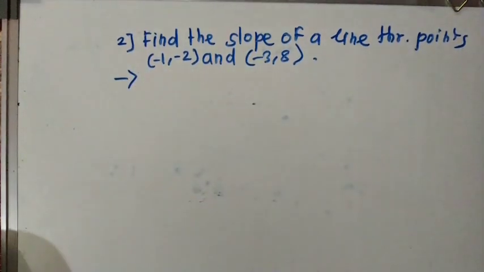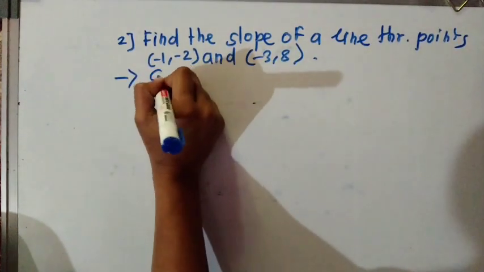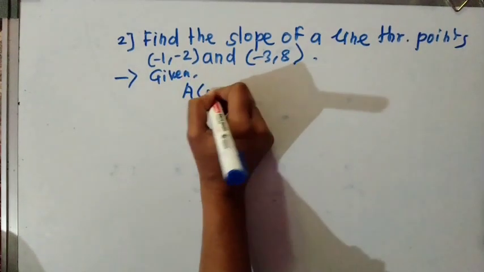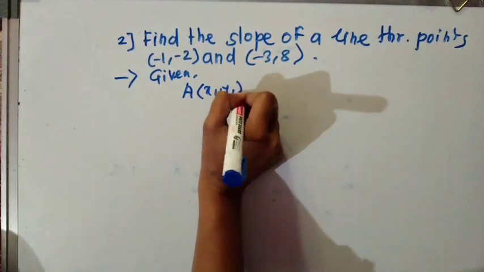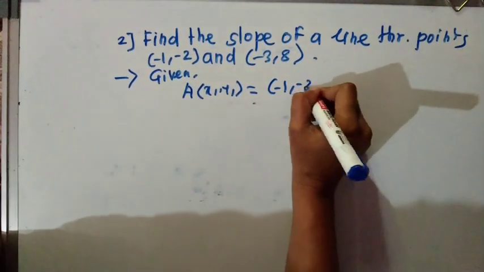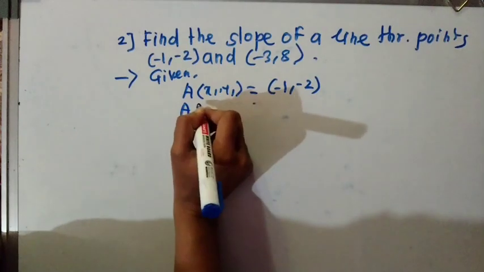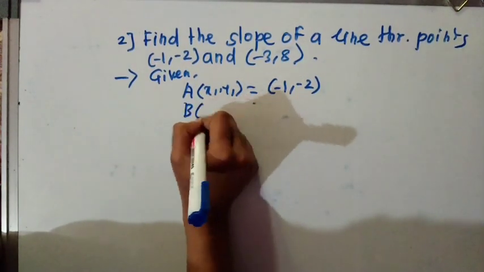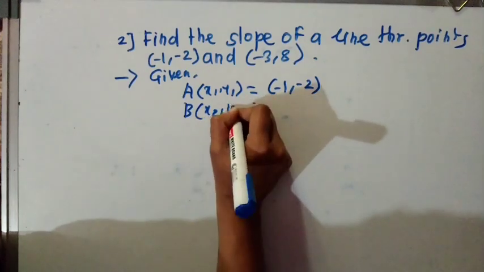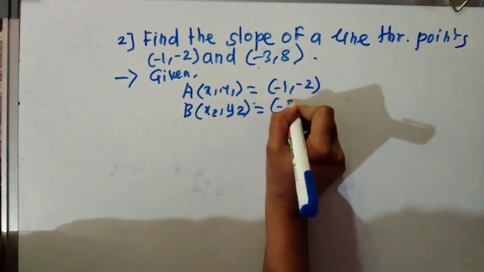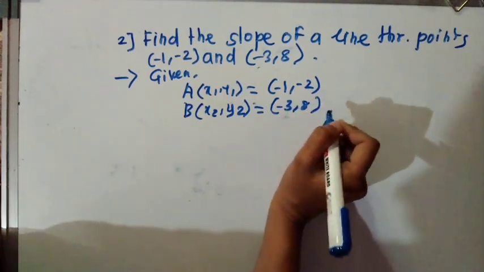First, the given points: A, x1, y1 is equal to -1, -2, and B, x2, y2 is equal to -3, 8.